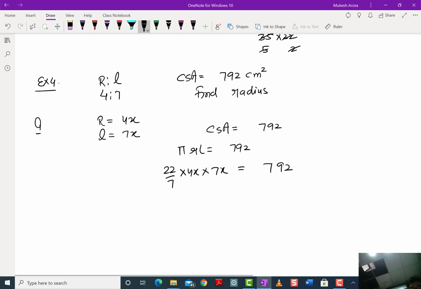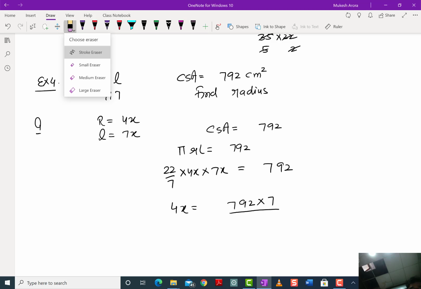So 7x is equal to 792 into 7, upon 4x into x. X into x is x square. X square is equal to 792 into 7 upon 4 into 7 into 22.